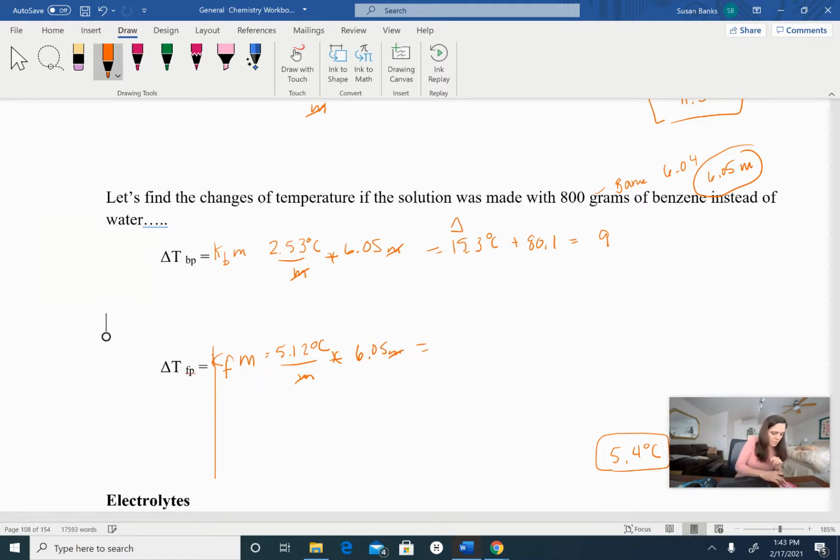So 5.12 times 6.05 gives us a temperature change with 3 sig figs. That gives us a temperature change of 31.0 degrees Celsius. Now, notice that is just the change. We have to figure out what that does to the freezing point.